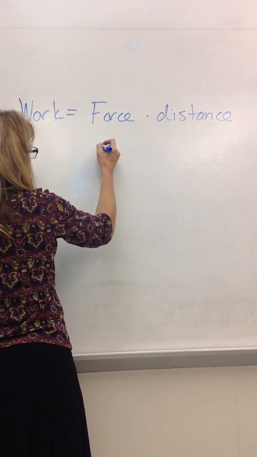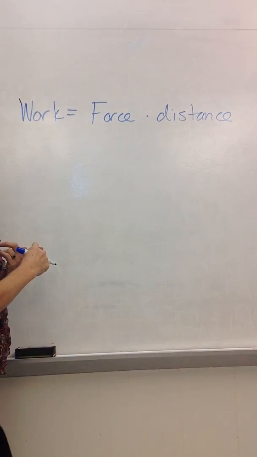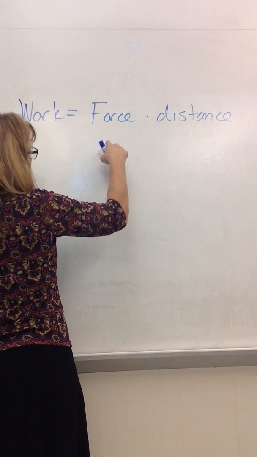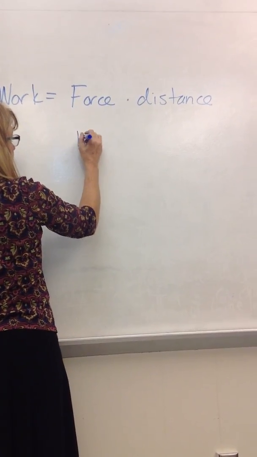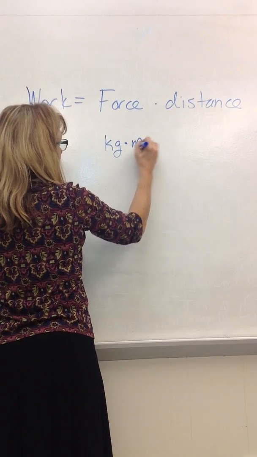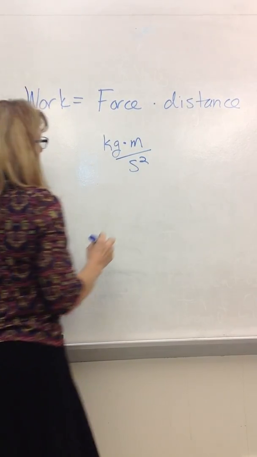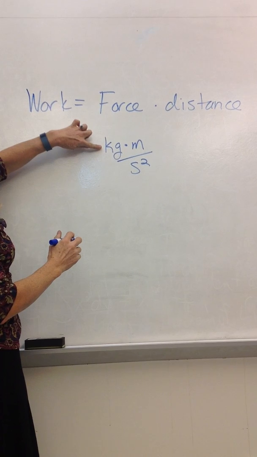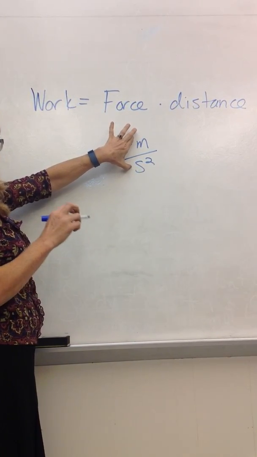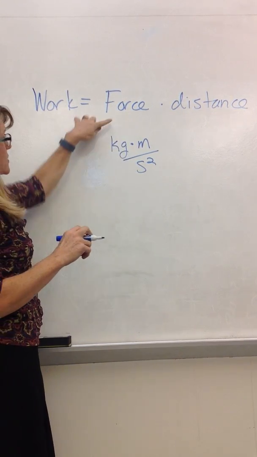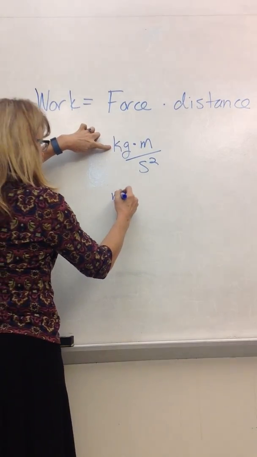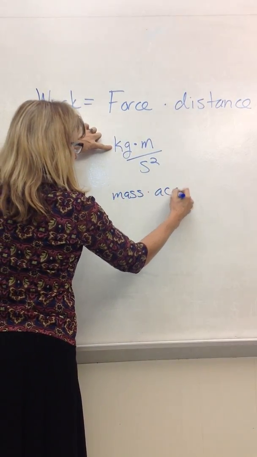Force in the SI system, which is the metric system, has the unit of a kilogram times meter per second squared, because you're taking mass and multiplying by acceleration. So in SI units, the unit of force is mass times acceleration.